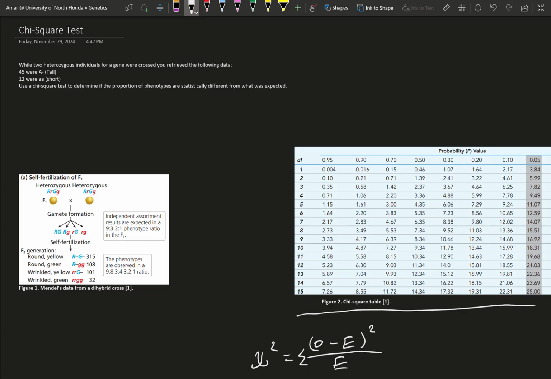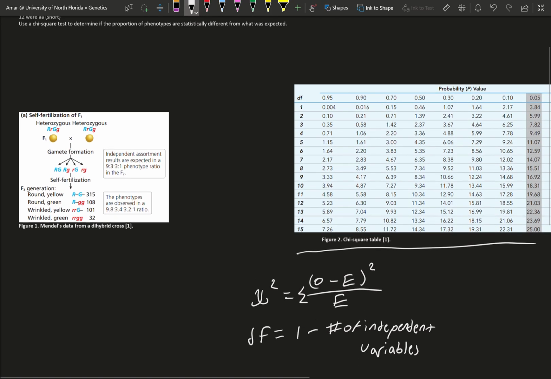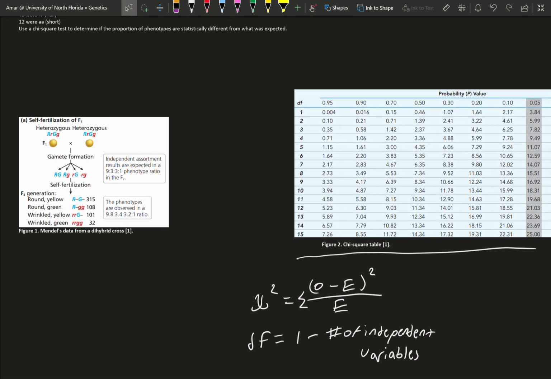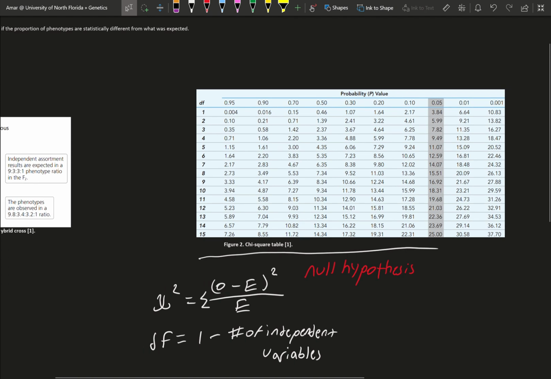But if you're unfamiliar with the chi-square test, all this test is basically trying to do is validate a null hypothesis. A null hypothesis, for our purposes, is basically saying that the data that we have observed is equal to the data that we've thought it to be.